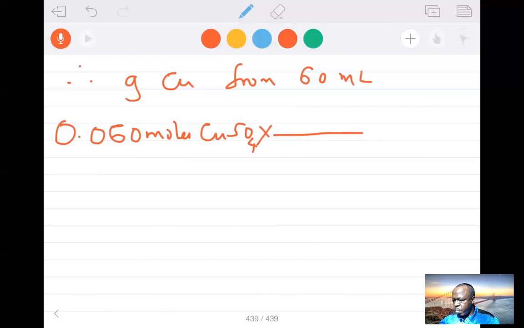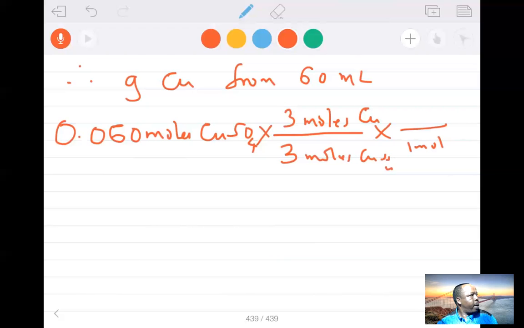From the mole ratio, for every 3 moles of copper 2 sulfate consumed, 3 moles of copper are produced, times 1 mole of copper. The molar mass is 63.543. This is the molar mass of copper. So that cancels and that will cancel.